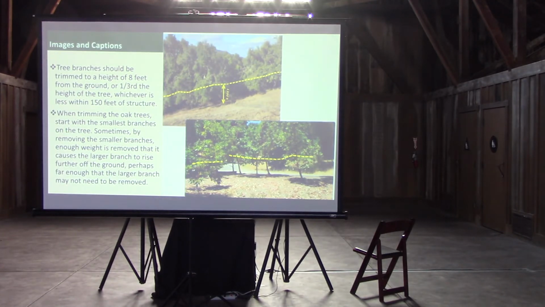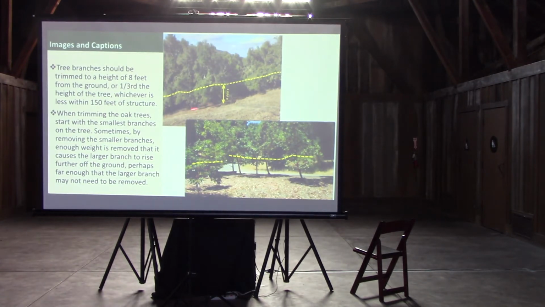So here is an illustration of tree branches that should be trimmed to a height of 8 feet from the ground or 1/3 the height of the tree, whichever is less. In this caption it says 150 feet of structure. It might say 200 feet of structure. That is going to change. So this is just showing you one kind of example.